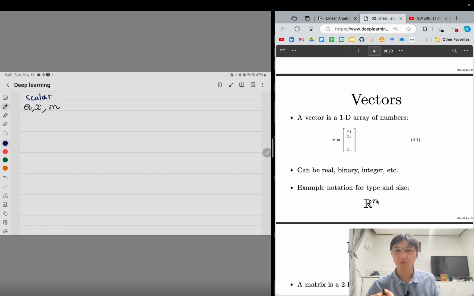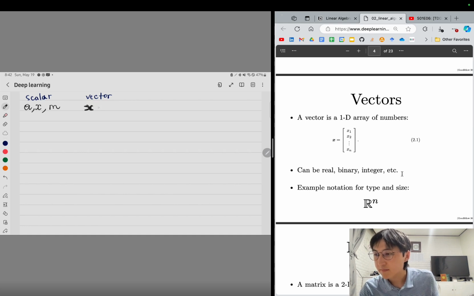Second thing, vectors. A vector is a 1D array, and we denote vectors as lowercase letters also, but they are bold. So if I give it x, it should be bold. In academia we do it like that.